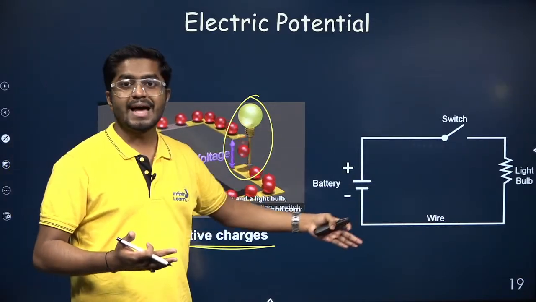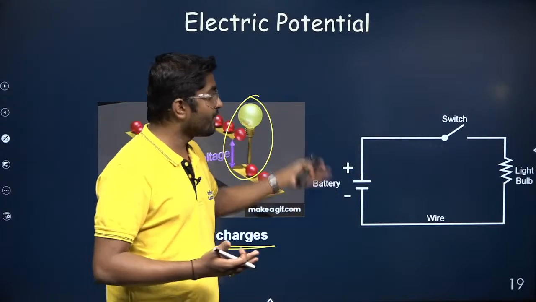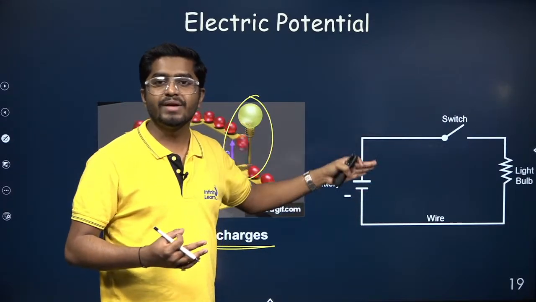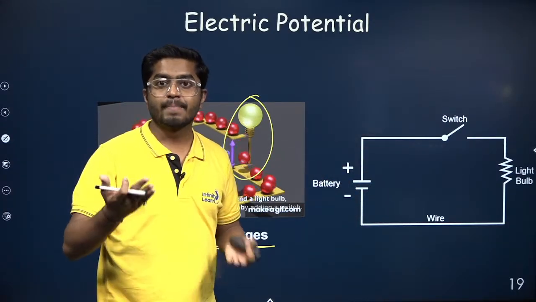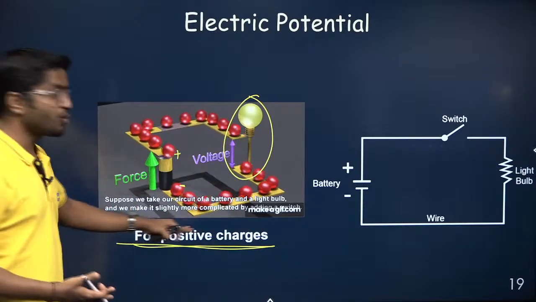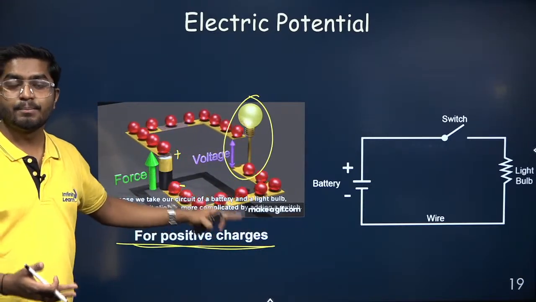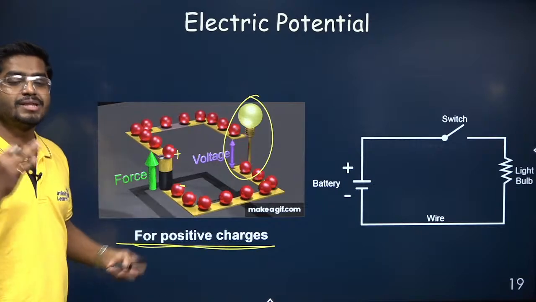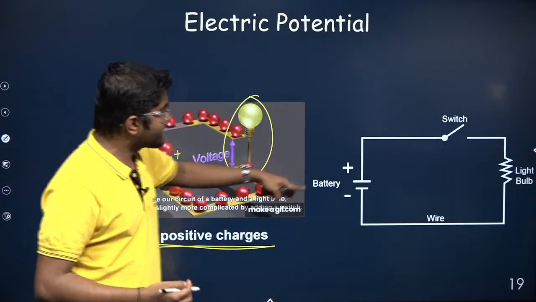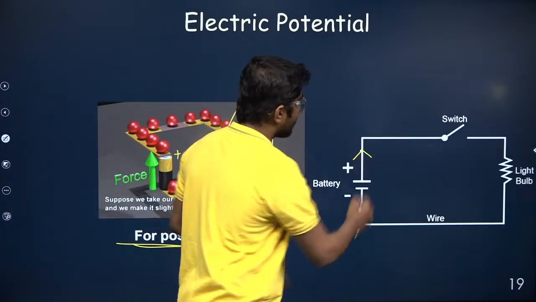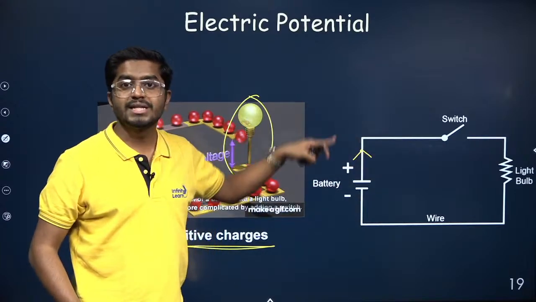So they assumed that the protons, or whatever the positive particles are, are moving. Later they found out, okay, sorry, we made a mistake. It is the electrons, not the protons or the positive charges. So they just said, we say that the current flows as if there are positive charges.